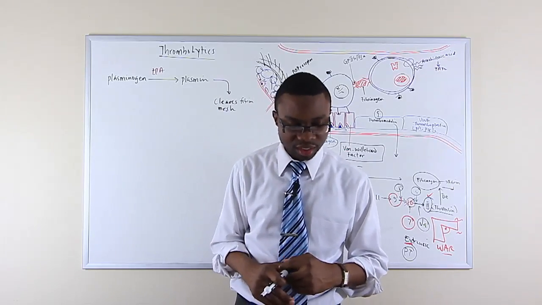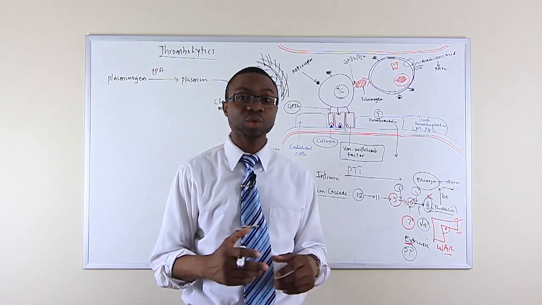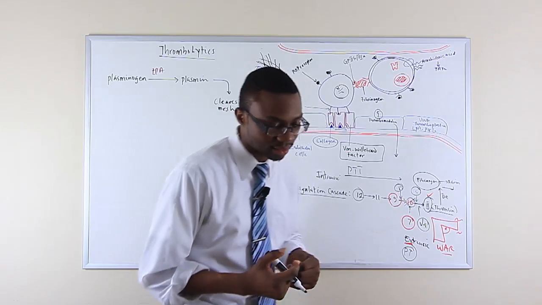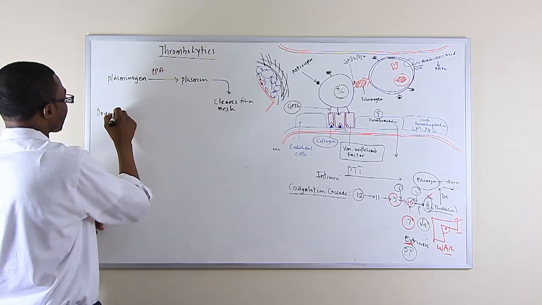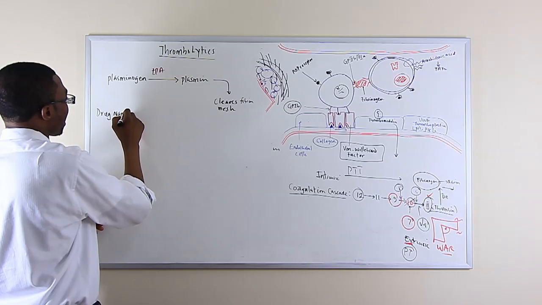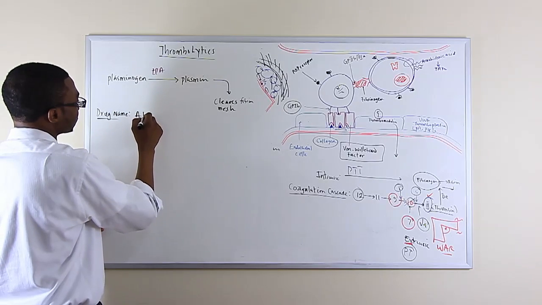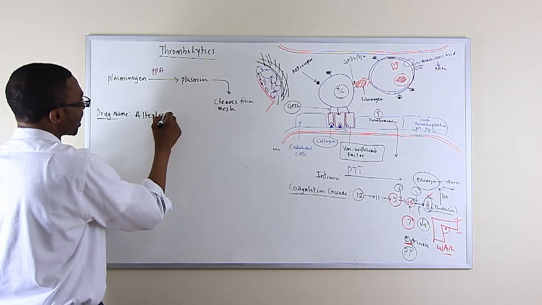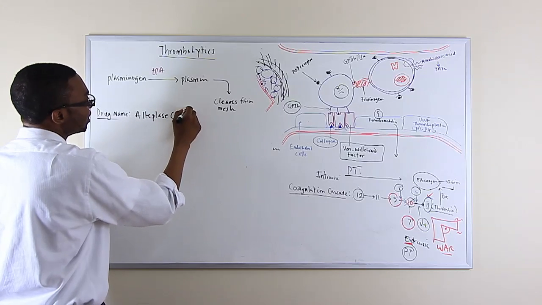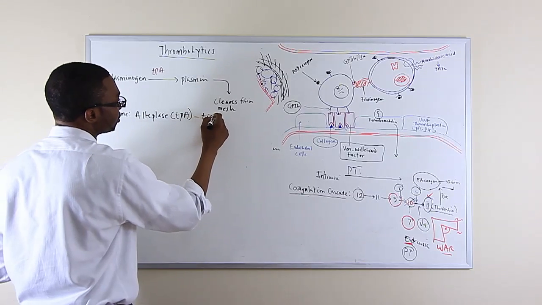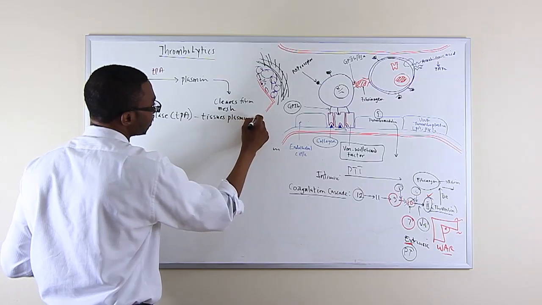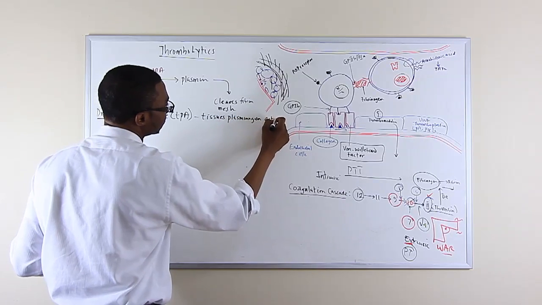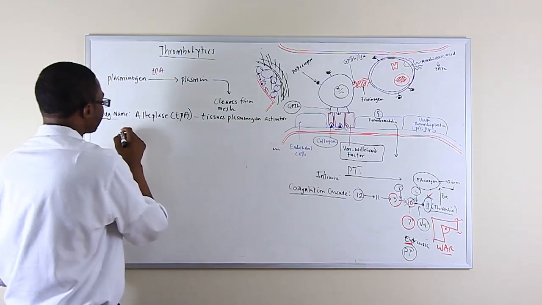Now what drugs are thrombolytics? The first one is known as alteplase. Alteplase, also known as tPA. tPA stands for tissue plasminogen activator. And we're going to talk about that in a minute.